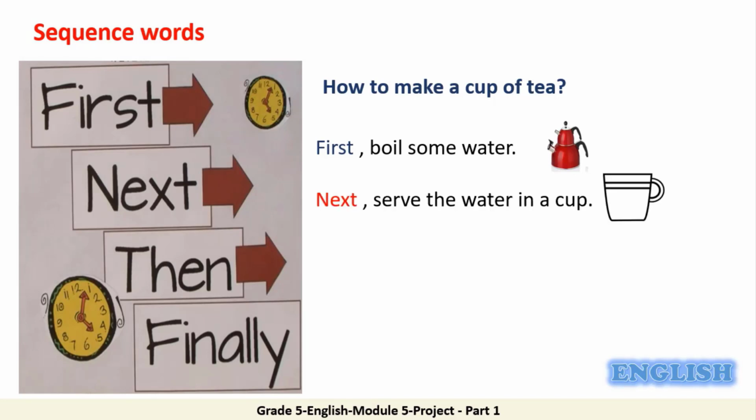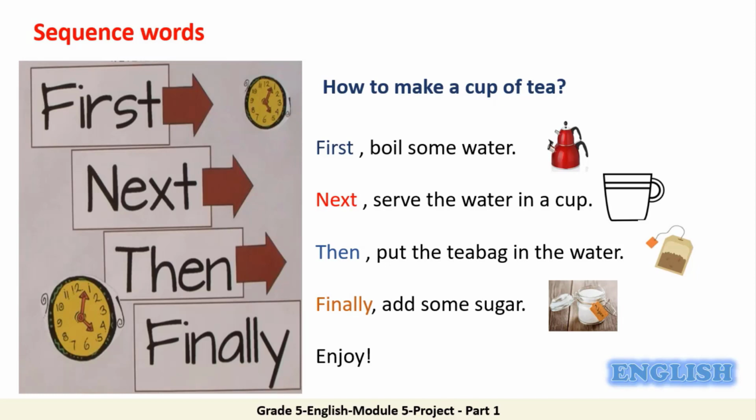Next, serve the water in a cup. Then put the tea bag in the water. Finally, add some sugar. Enjoy! My friends, don't forget that we use a comma after the sequence words.